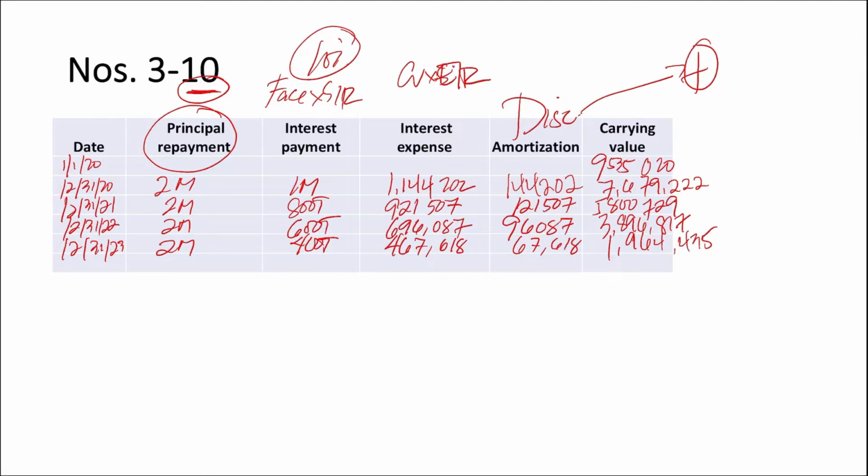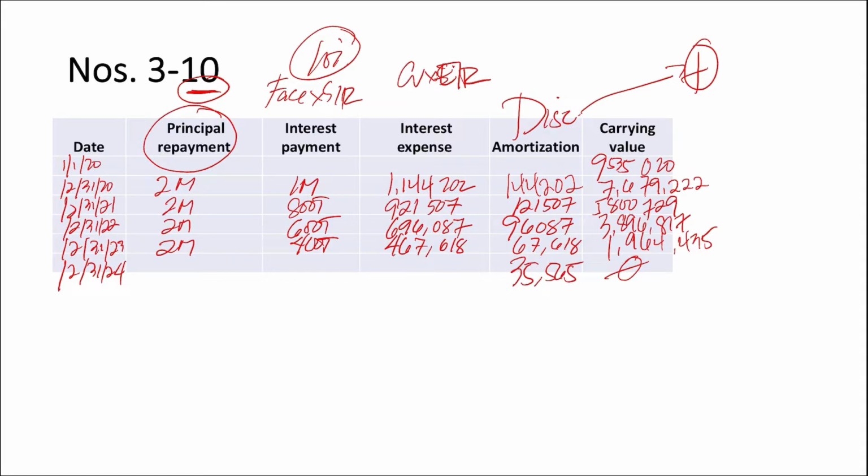Okay? Now, last payment is December 31, 2024. Pagdating dito, dapat zero na yung carrying value kasi fully paid na siya, di ba? So, paano natin siya i-squeeze out na lang, di ba? So, di ba ang last carrying value is 2 million? So, 2 million minus 1,964,435. Magkano yan? 35,565. Okay?